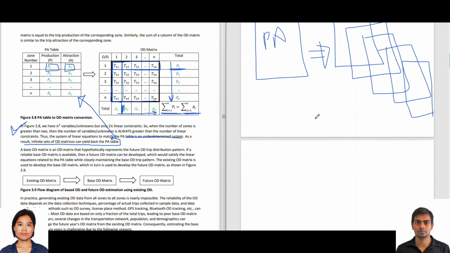So the OD table is not unique. It depends on which method, what priorities, and what procedure we are using. So whenever an OD table is given to us, the first question we should ask is how it was generated, what method was used, because there are infinite sets of OD tables that can satisfy a certain PA matrix.